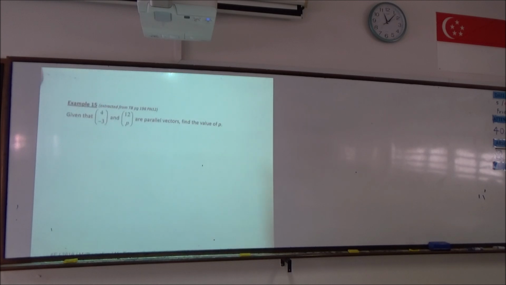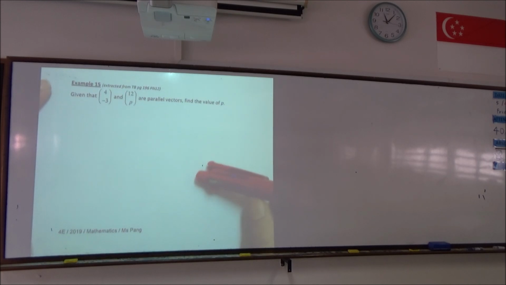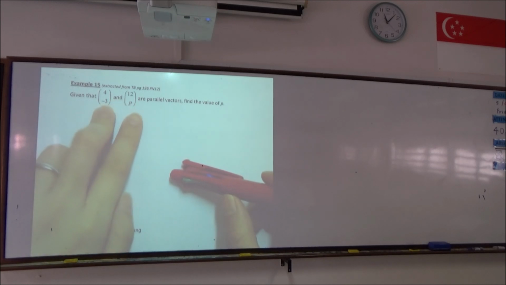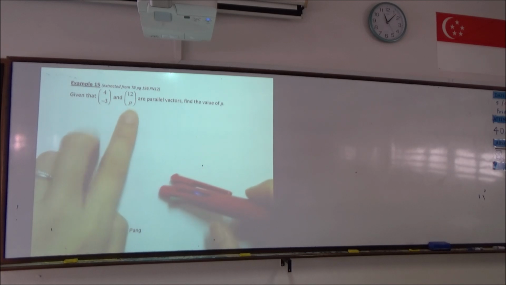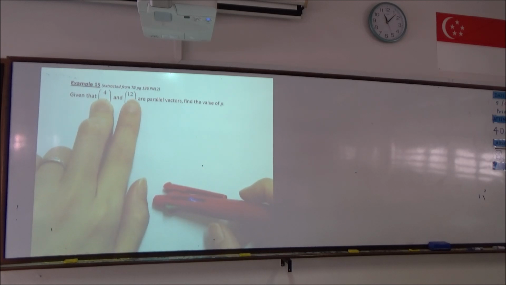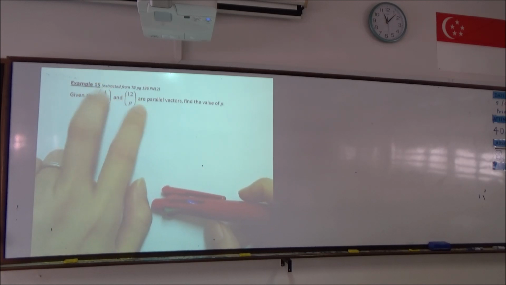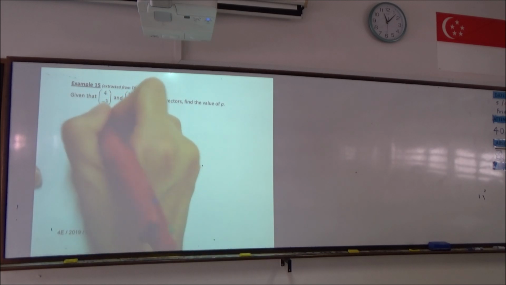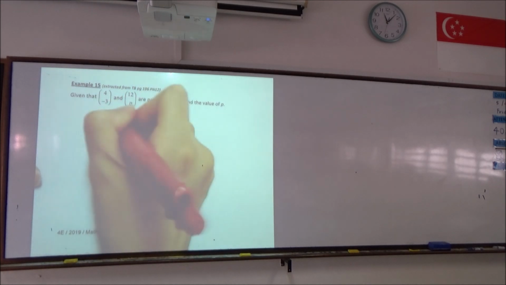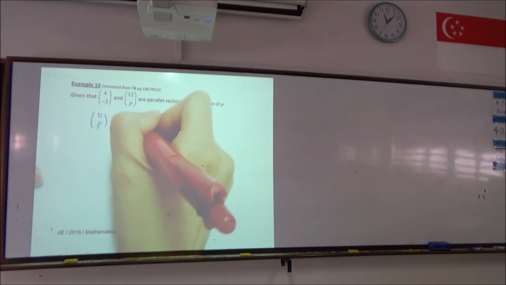Okay, let's look at the next one, example 15. Given that 4, negative 3, and 12, p are parallel vectors, we want to find the value of p. We can determine the scalar multiple in this case just by looking at the x component. The scalar multiple will be 3, whereby 12, p is equal to 3 times 4, negative 3.